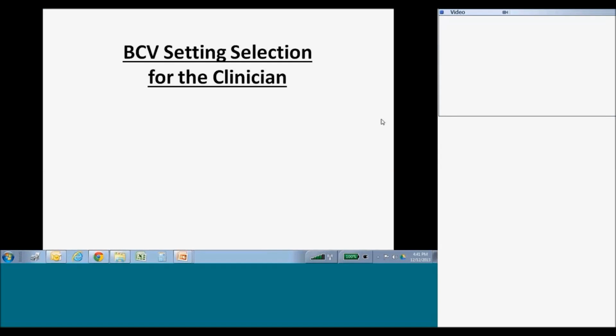Okay, so now we're going to advance into setting selection for the BCV clinician. So this is if the patient needs to be titrated, these are the steps to that process. We want you to be a little bit skilled in applying the Curos and setting entries before you attempt setting selection, but it's something that we like to see everybody graduate through over time.